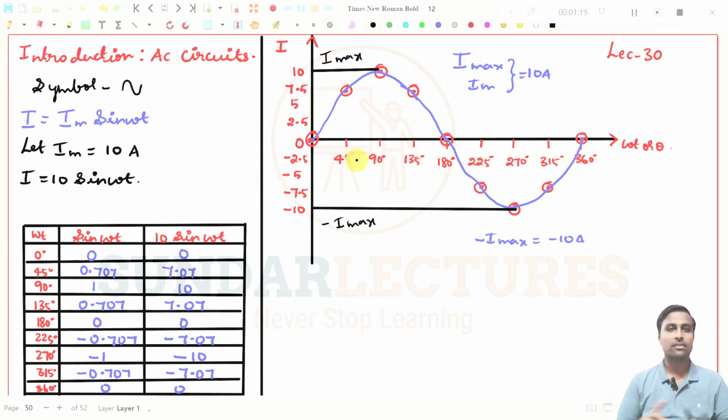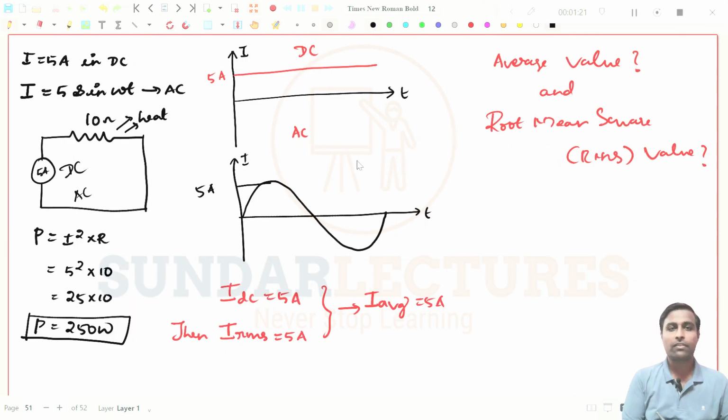So we have seen this, and we came to this important point, the comparison of DC with AC. Because if you give 5 ampere to the 10 ohms resistor, the heat energy dissipated by the resistor is 250 watts.